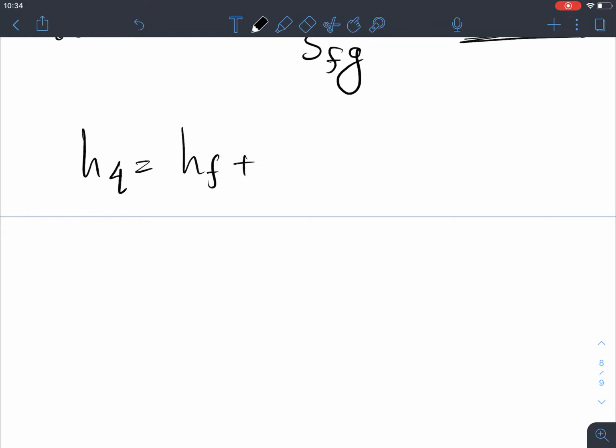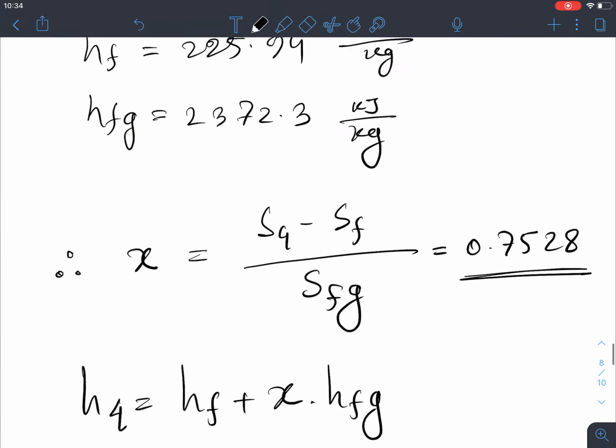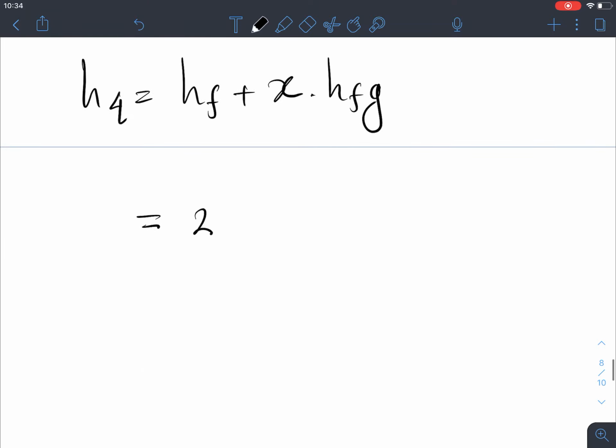H4 is nothing but hf plus X times hfg. We know all this information, so if we plug in, it will become 2011.8 kilojoule per kg. H4. So now we know point 4 as well.